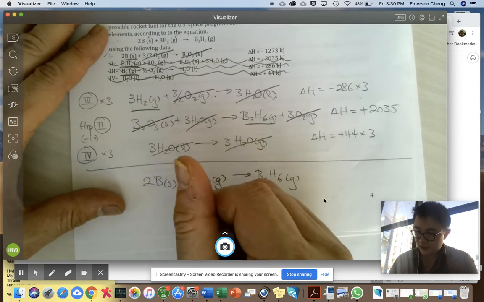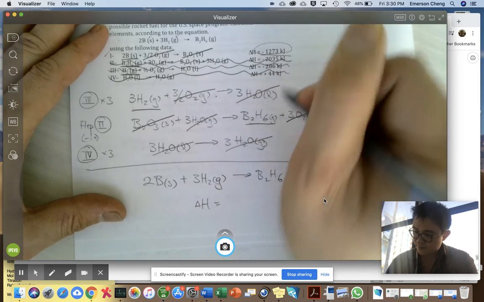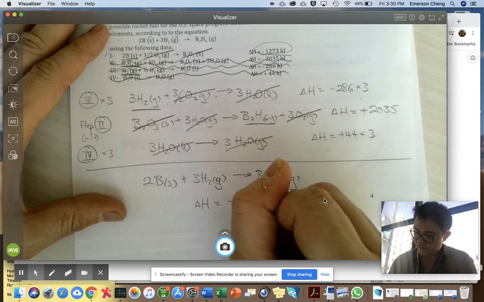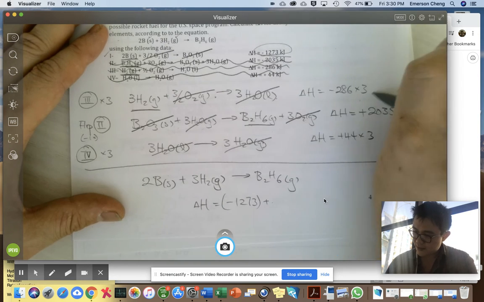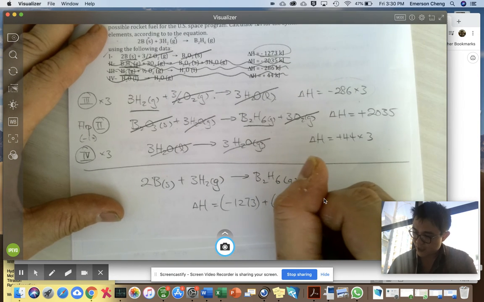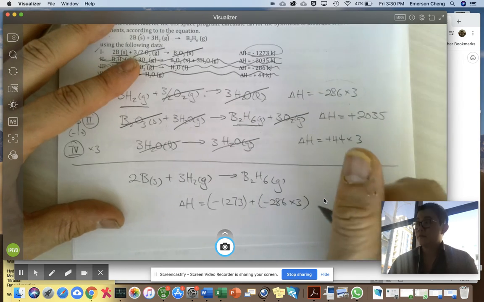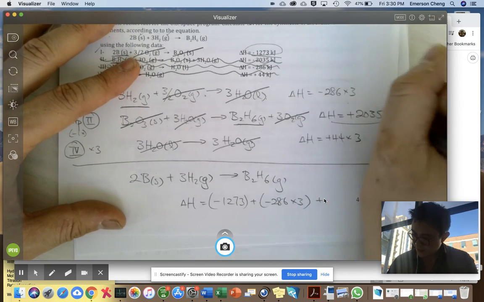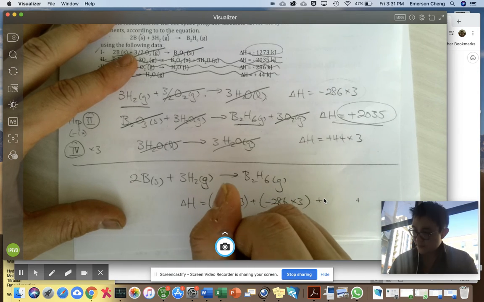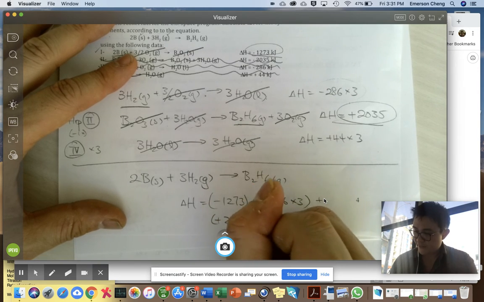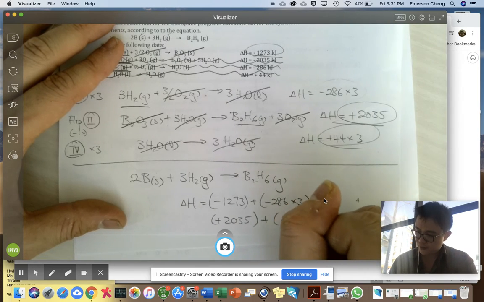And now the delta H here would be this minus 1273 plus this whole thing here minus 286 times 3 plus this thing here 2035 plus this thing here 44 times 3.